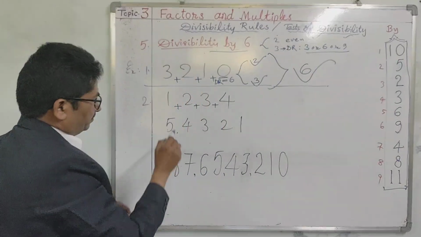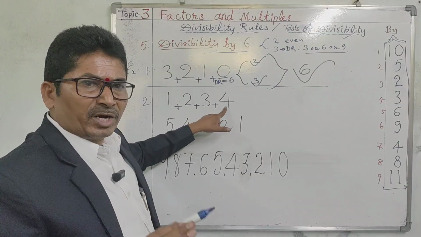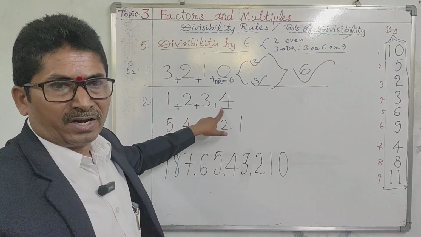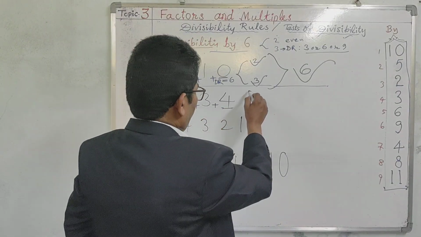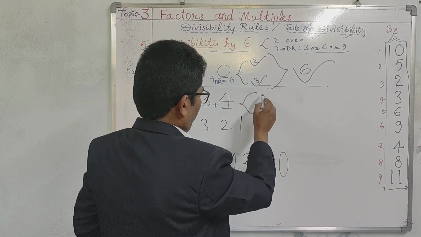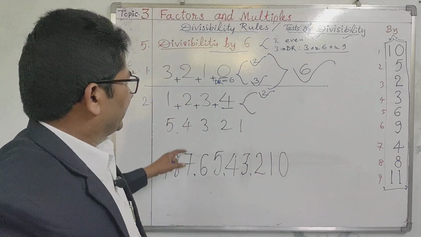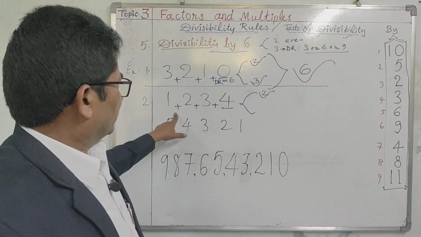Next, second example. Is this divisible by 2? Yes, it is an even number, in the ones place there is 4. So it is exactly divisible by 2. Next, with 3 we have to check.